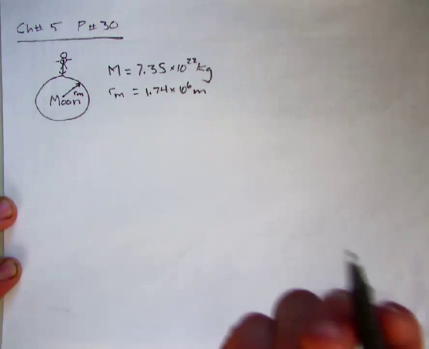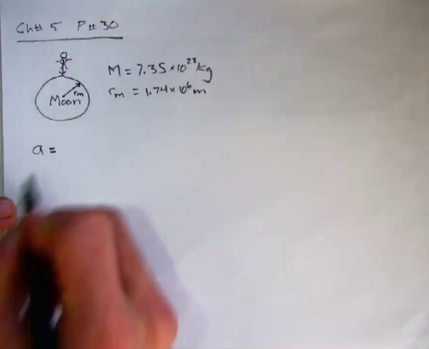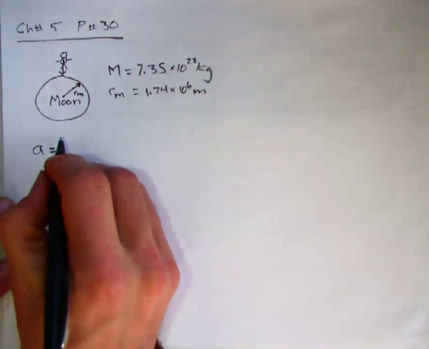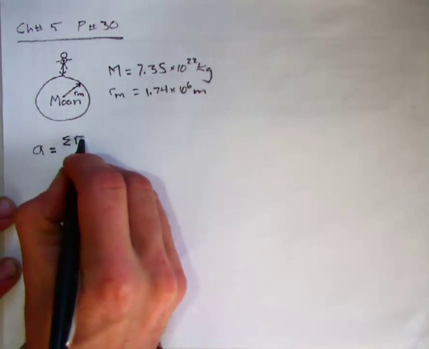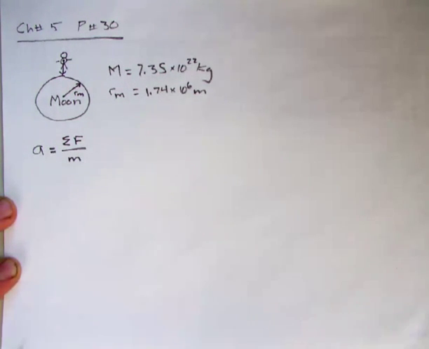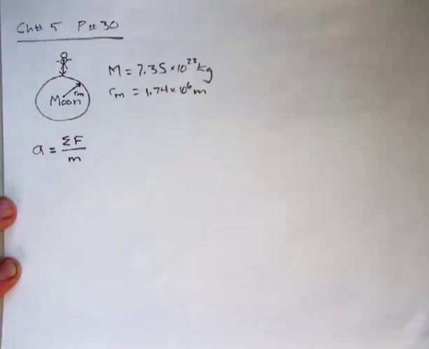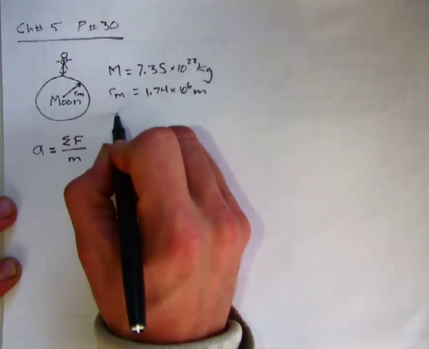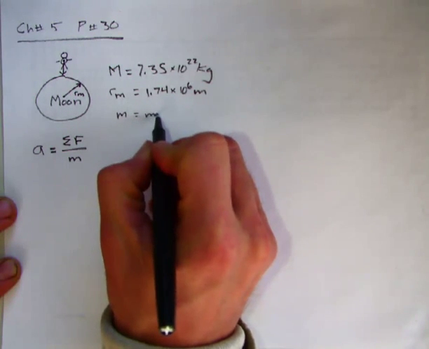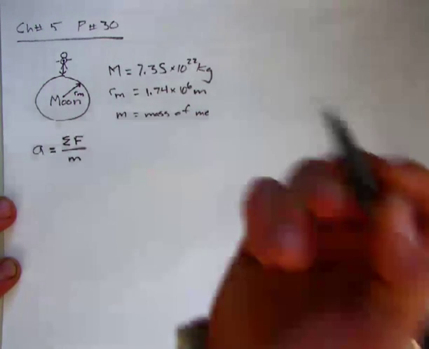If I'm going to figure out the acceleration that gravity is causing, I'm going to start with Newton's second law, which states that the acceleration of an object is equal to the net force divided by the mass of the object. So here m is the mass of, I don't know, me or you or the object.